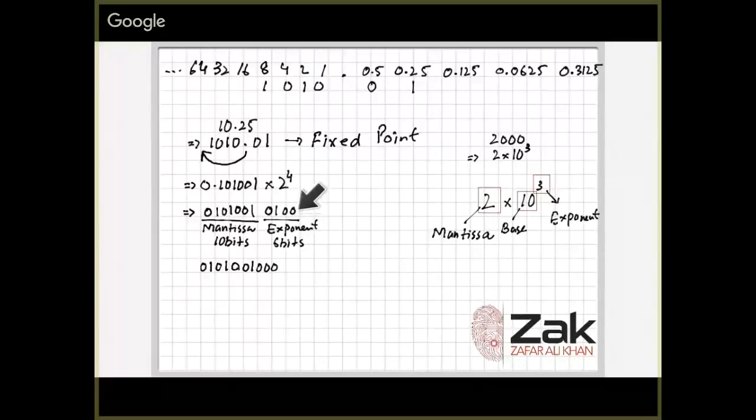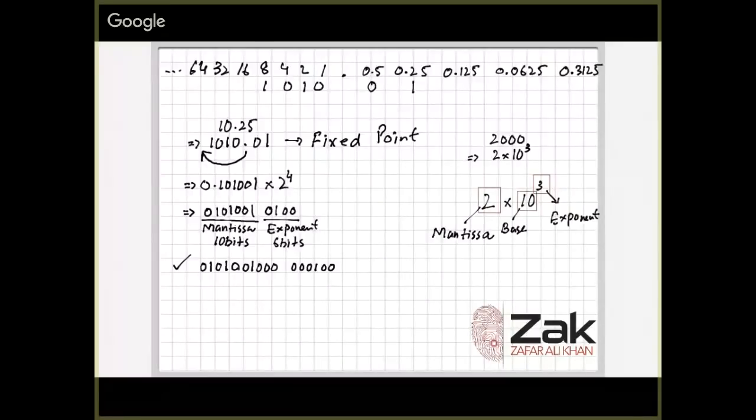Similarly, in exponent, we would have to fill from right to left. And how many bits do we have? 6 bits. So we will start with 1, 2, 3, 4, 5, 6. That's your floating point number. Is that understood?